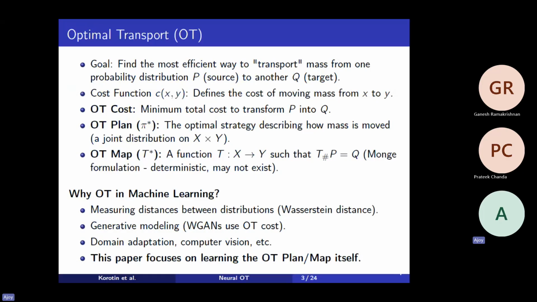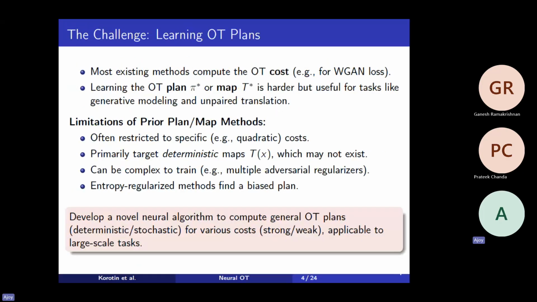These are certain applications where optimal transport is generally used. Mostly it is used in generative modeling and measuring distances between distributions, which has wide applications, like measuring distances between datasets when choosing them for training. The challenge of learning optimal plans is that minimizing the cost function becomes easier because you get to see the distance.